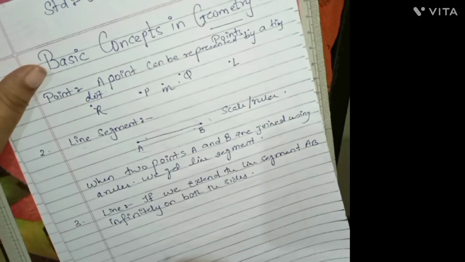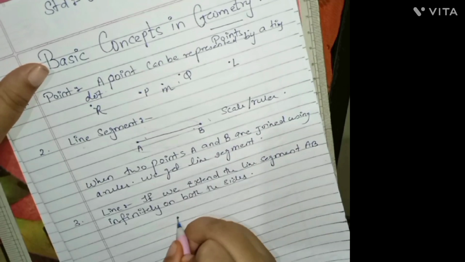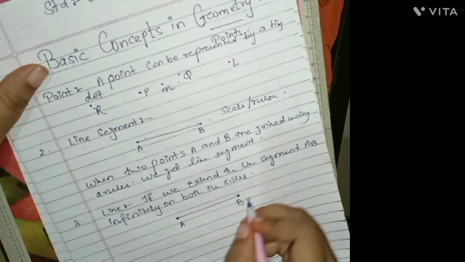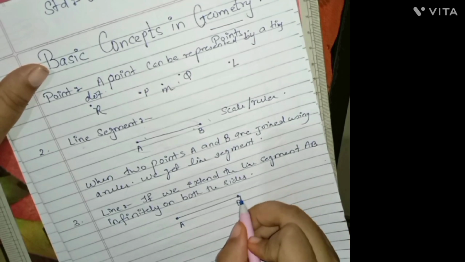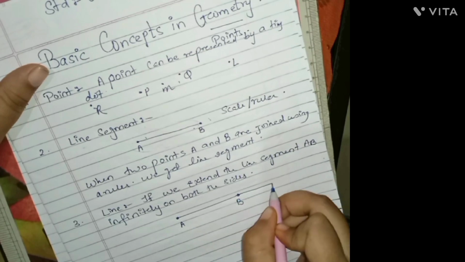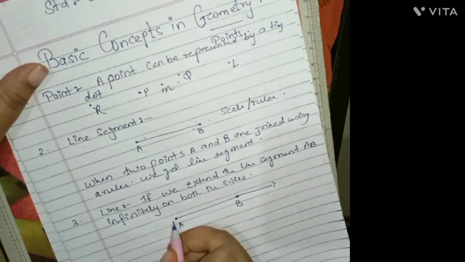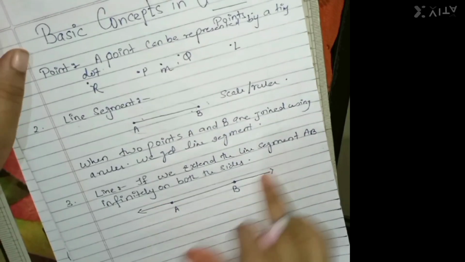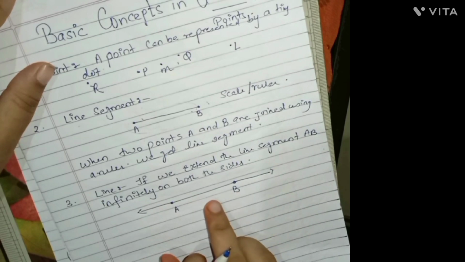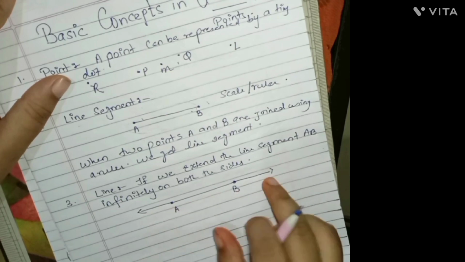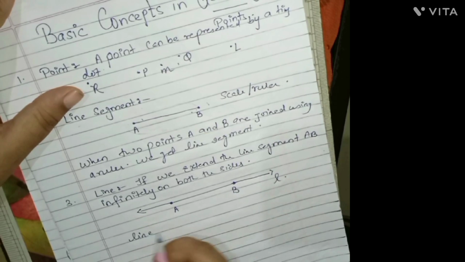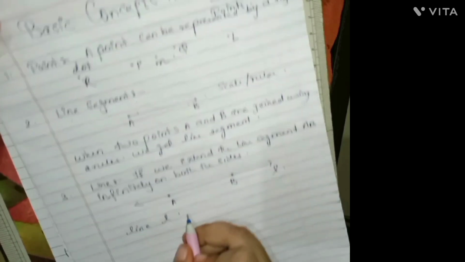This is your line segment AB. We extend it from point B and put an arrow, and from point A we extend it and put an arrow. This line segment extended infinitely on both sides is called a line, and we give it the name line L.